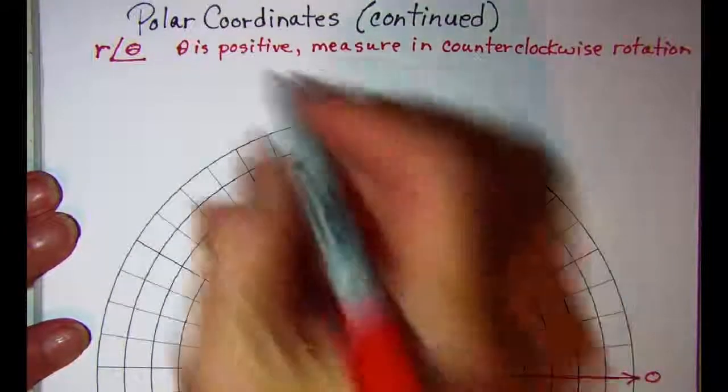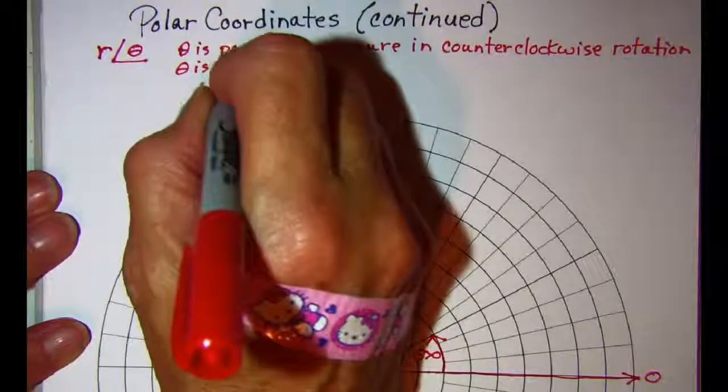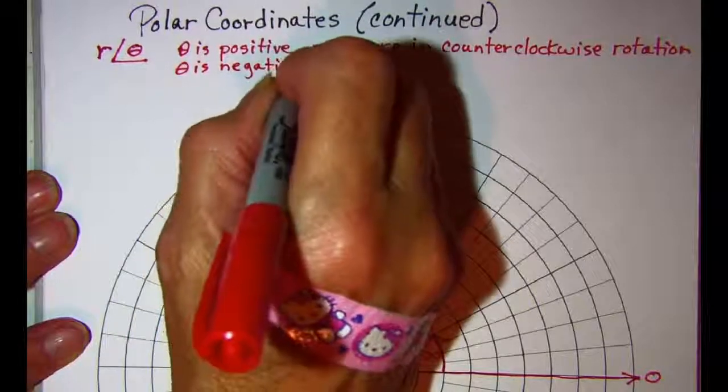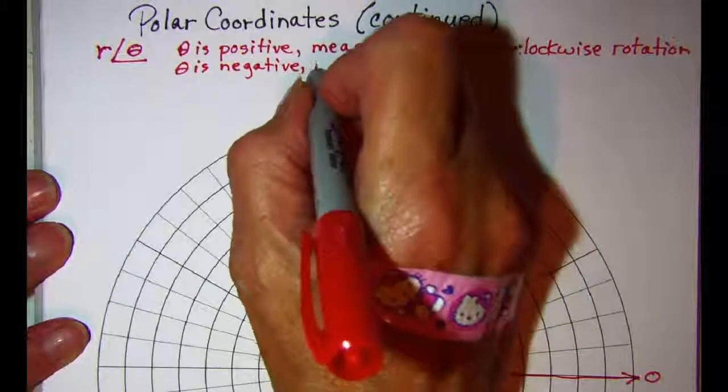If theta is negative, we measure in a clockwise rotation.